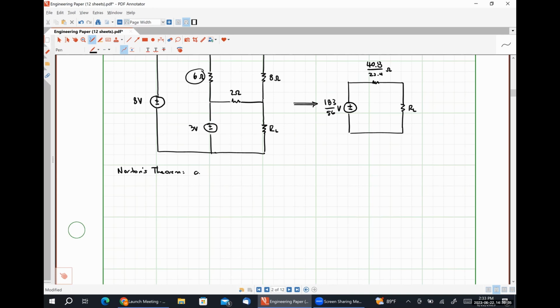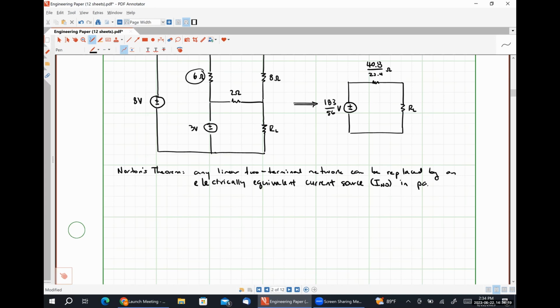Norton's theorem states that any linear two-terminal network can be replaced by an electrically equivalent current source, which we're going to call I Norton, in parallel with a resistor, which we're going to call R Norton.